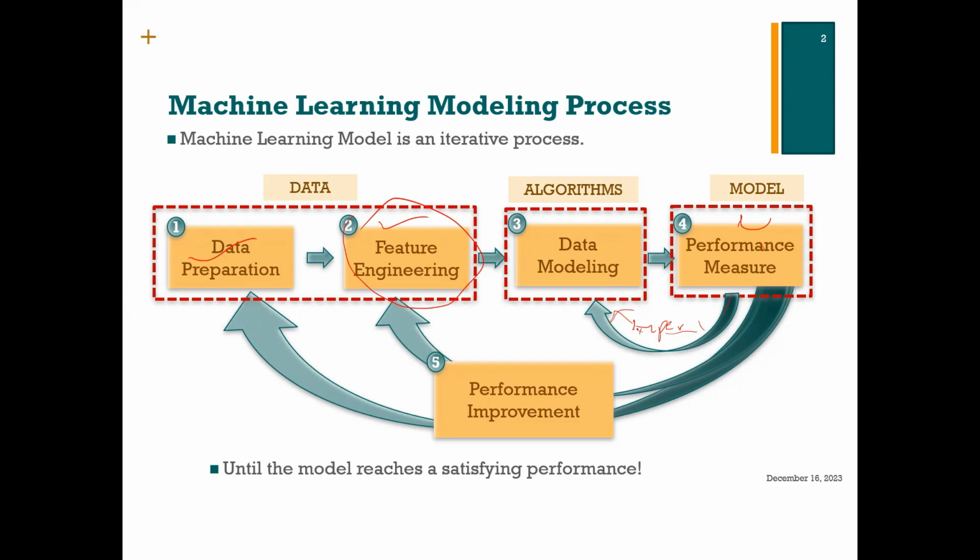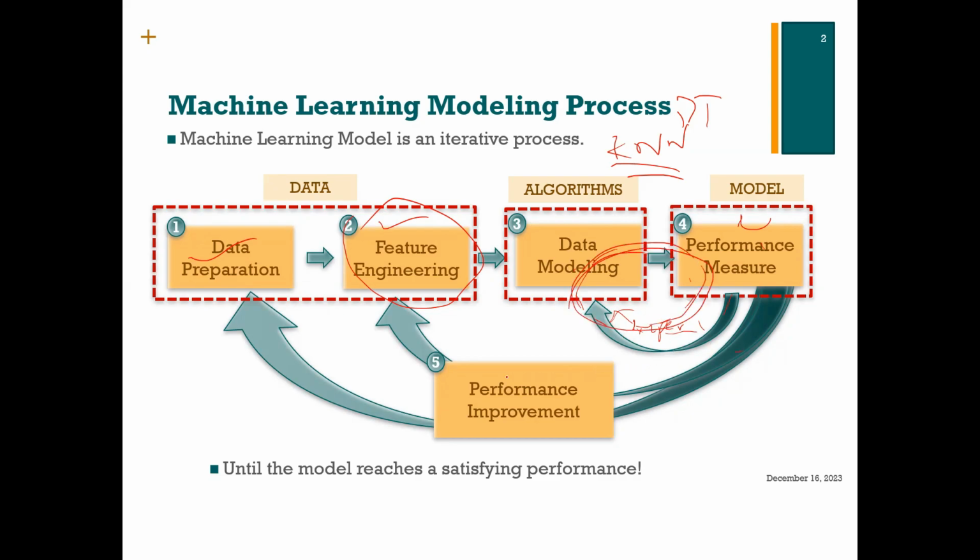Sometimes maybe I started with K nearest neighbor and it might not get you the best you want. You might need to change it to another, maybe decision tree. Maybe you need to go for support vector machine and the other machine learning algorithms we've discussed. So you might need to go back here also and change. There's an iterative process going on. You keep going back and forth until you get what you want.